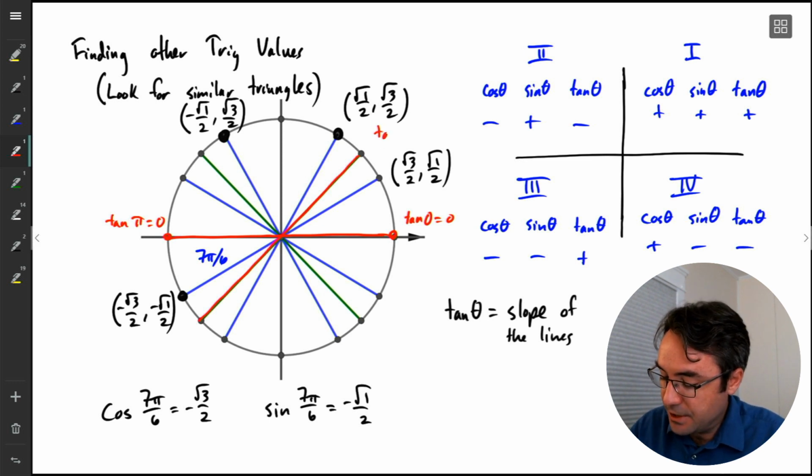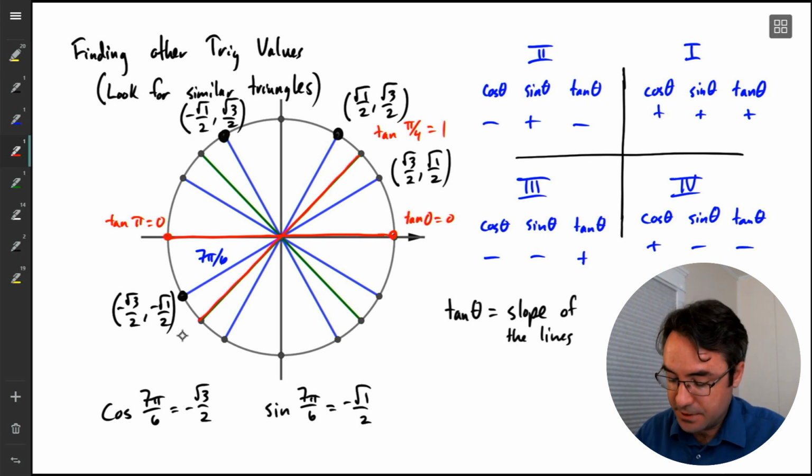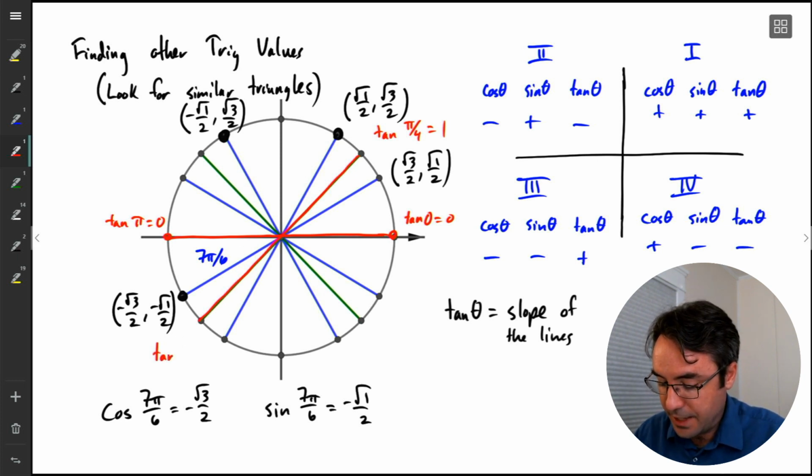And so tangent of pi over 4 is equal to 1. That's because this ray right here is the pi over 4 ray. But then we also have that same thing down over here, and this one is pi over 4 past pi. So tangent of 5 pi over 4 is going to be 1 as well.